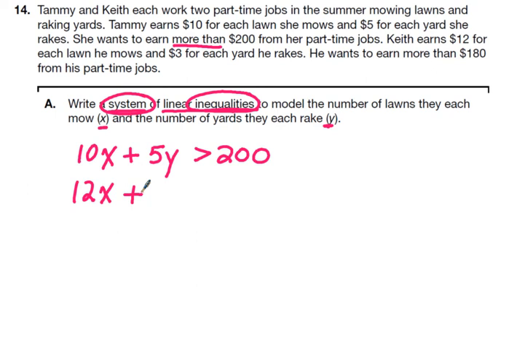Keith earns $3 for every yard raked, so that would be 3y. And he wants to earn more than $180. Okay? And let's make sure we've satisfied all the directions: write a system to model. All right, and that's part A.